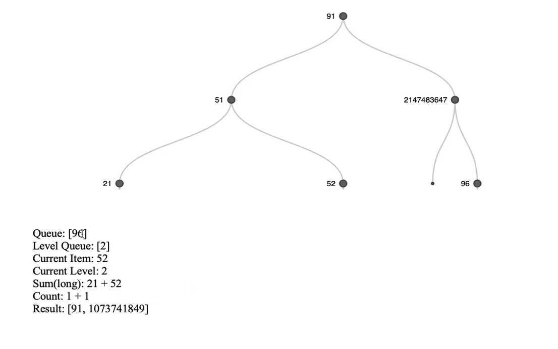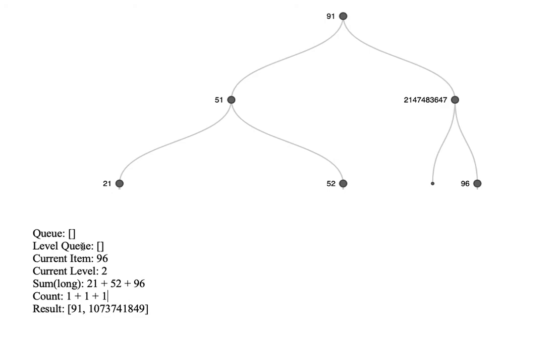Now finally we dequeue the last item from the queue, which is 96. So I remove this. My current item becomes 96, and from my level queue I dequeue. The current level is 2, it remains the same as the previous level, so I need to just increment the sum, which is 96 over here, and increment the count.